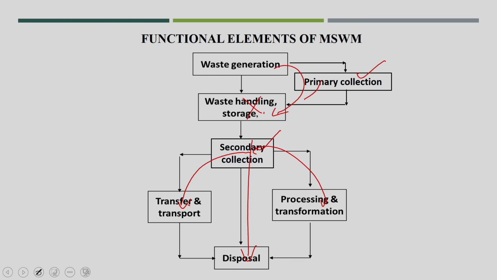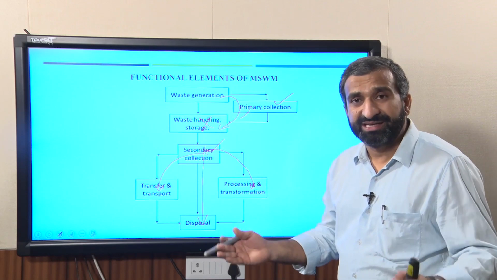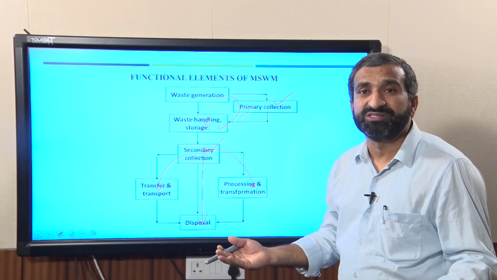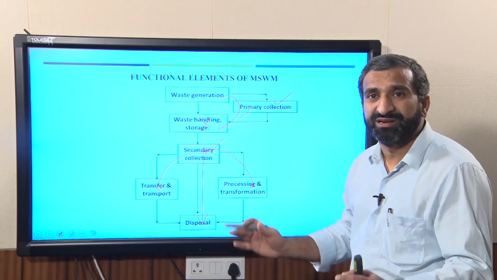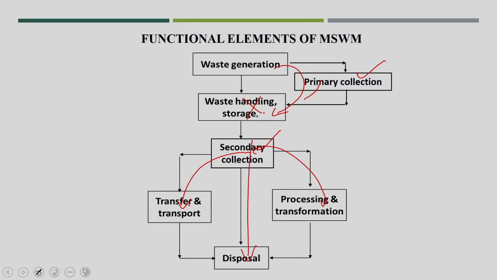Normally the vehicle is bigger, taking around 8, 10 or 15 tons of waste in one route. But if you do not have a transfer station, we have only the simple secondary collection system.